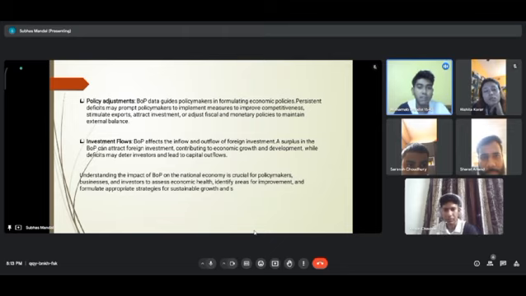BOP affects the inflow and outflow of foreign investment. A surplus in the BOP can attract foreign investments, contributing to economic growth and development, while a deficit may deter investors and lead to capital outflow. Understanding the impact of BOP on the national economy is crucial for policymakers, businesses, and investors to assess economic health, identify areas for improvement, and formulate appropriate strategies for sustainable growth.